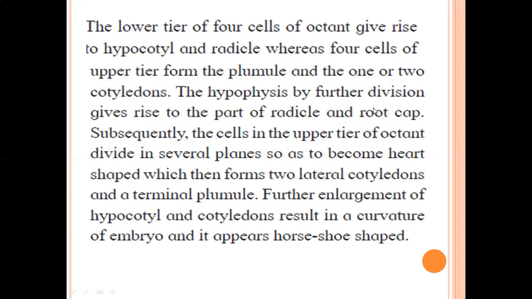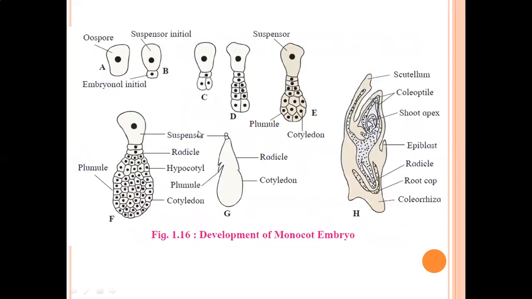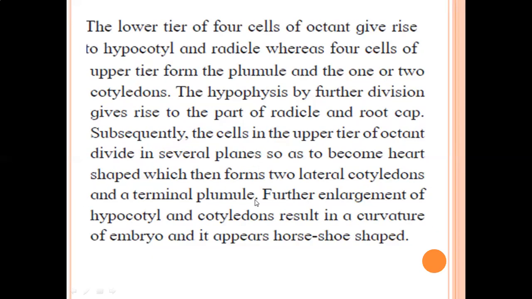The hypophysis by further division gives rise to the part of radicle and root cap. So from this hypophysis, radicle and root cap, hypocotyl, the radicle and cotyledon formation takes place.